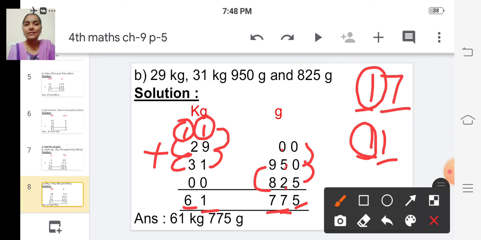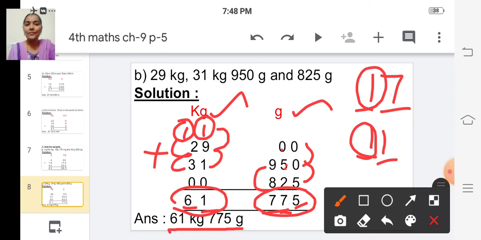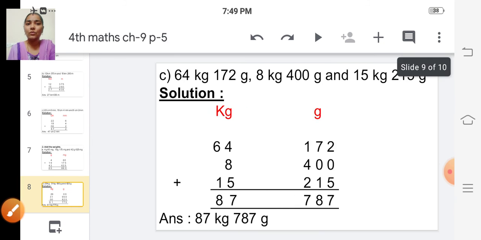Okay. So the answer is 61 kilogram and 775 gram. Okay. What is the answer? 61 kilogram and 775 gram. Is it clear? So we will do one more problem.